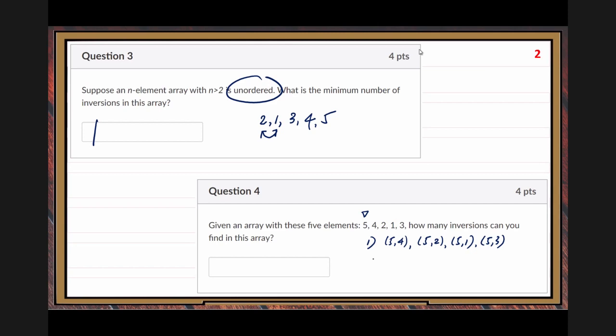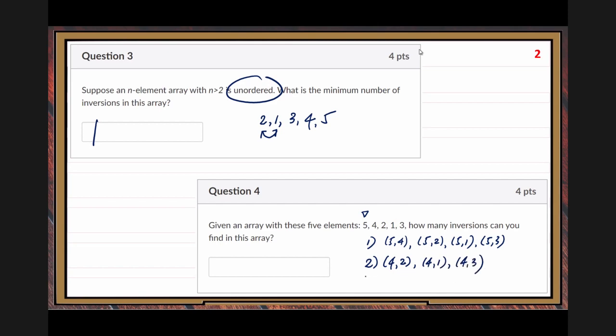Second, we start with the second element, 4, but do not go back. Do not go back to use element 5. No, we already passed that. 4, 2, 4, 1, 4, 3.